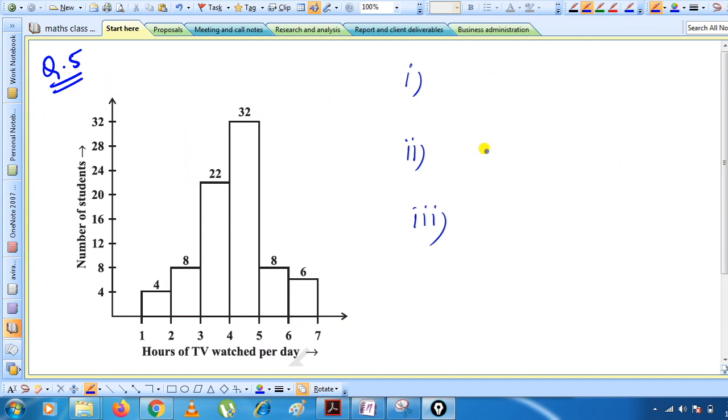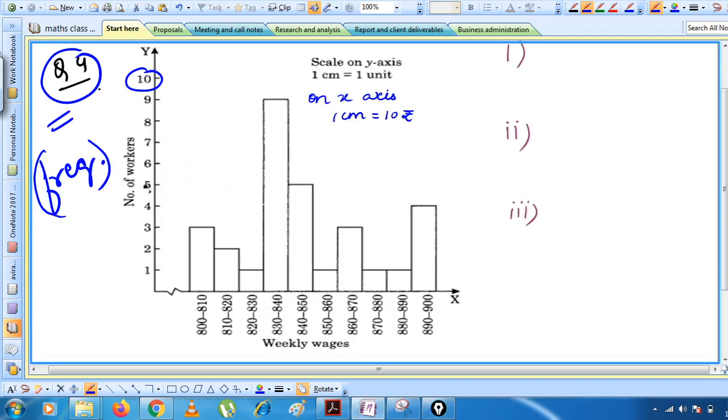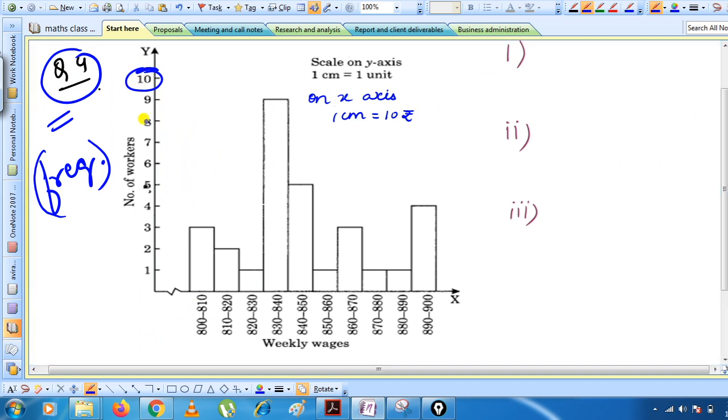That's why in the solution of this question the maximum number is 10, because 10 is more than sufficient. As you have seen, the maximum frequency was 9 only, right? So here the number of workers is representing frequency, not the total number of workers.